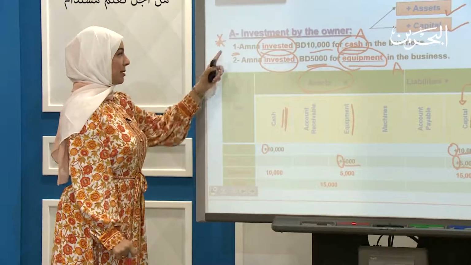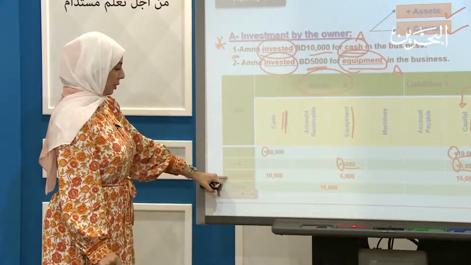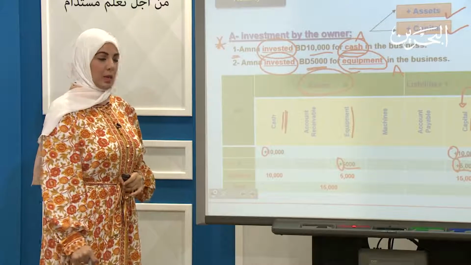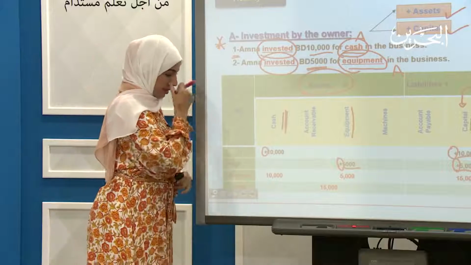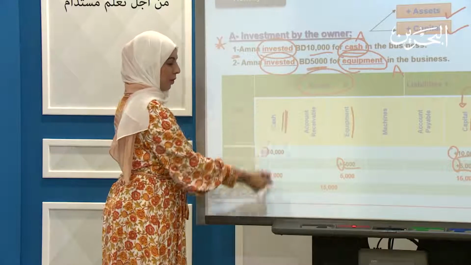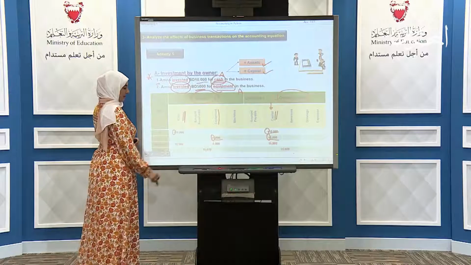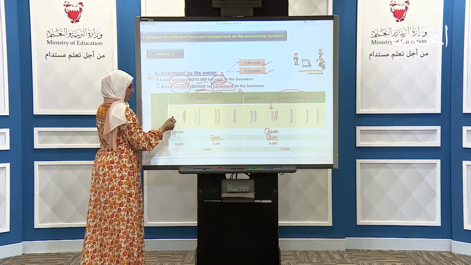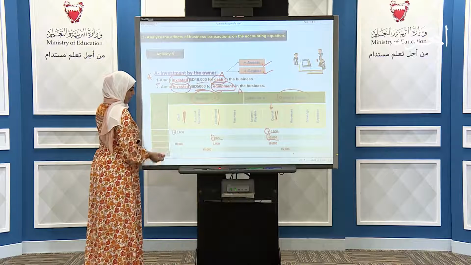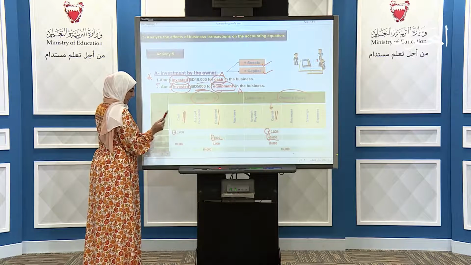After I finish transaction 1 and transaction 2, I should do the balance after these two transactions. I will make the balance for all the accounts I have in each section. Coming to the section of accounts, under the account of cash, I only have in transaction 1 the 10,000.